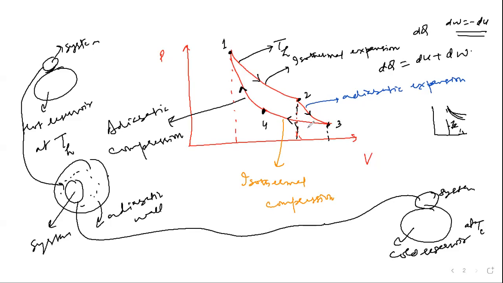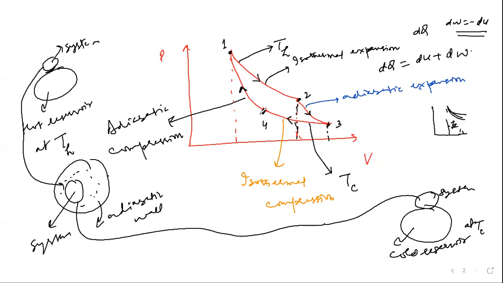So during this isotherm, the temperature of the gas is Tc, same as the temperature of the cold reservoir, because it is in thermal contact with the cold reservoir, right? So when we compress the gas isothermally, what will happen? We are doing work on the system.